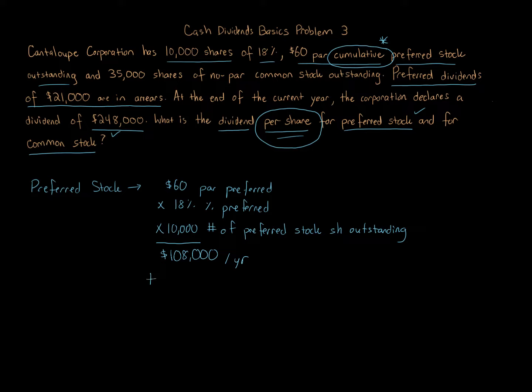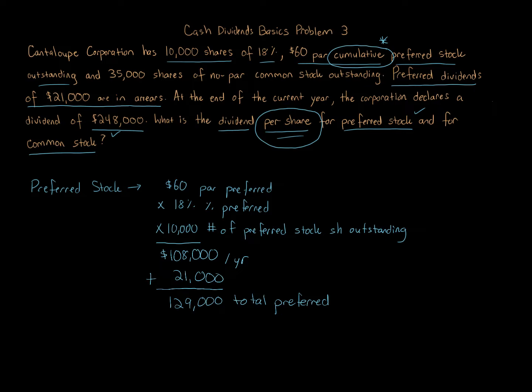Because it's cumulative, for this year at issue, we're just looking at 1 year, we take the $108,000 plus the $21,000 in arrears. We get $129,000 total that needs to go to preferred before common can get any dividends. Now the question's asking per share.